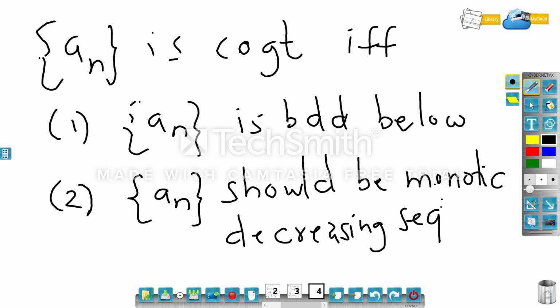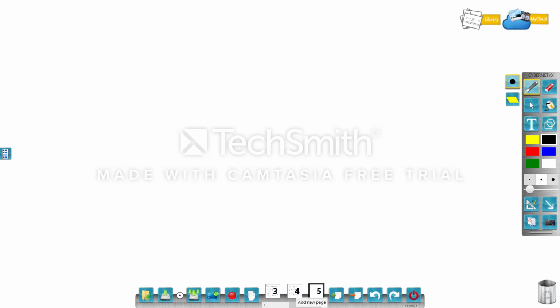So these two conditions can be replaced by the sequence an is convergent. Now we will do a theorem which is called the comparison test.